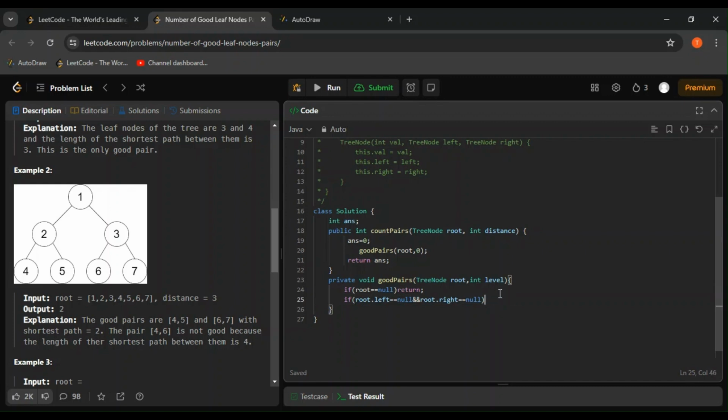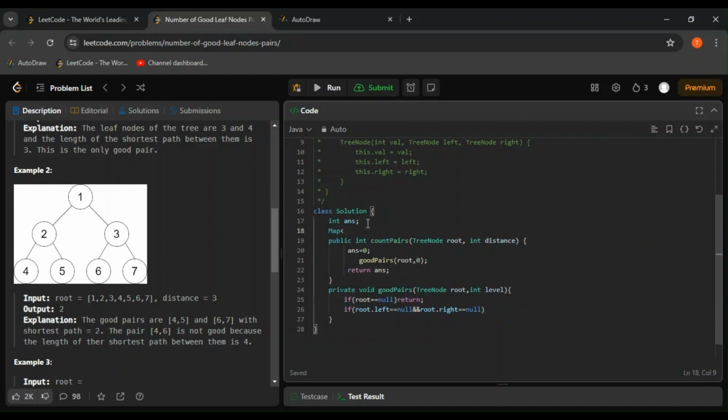So now this is a leaf node, correct? Okay. So I need to do two things. I need to put its value somewhere. Okay, let's do one thing. Let's make a map, lev.